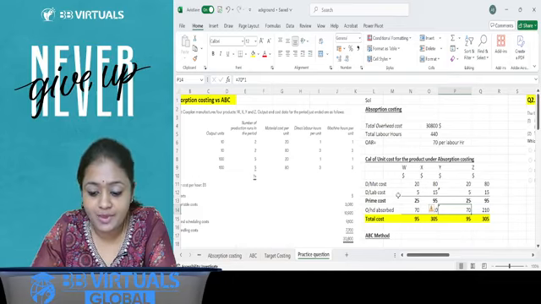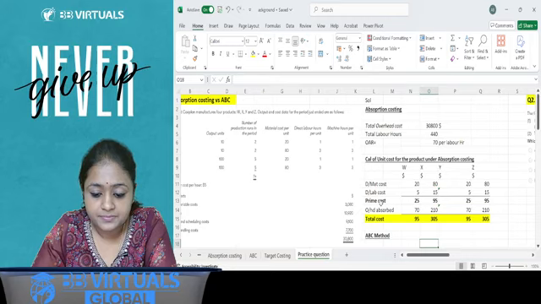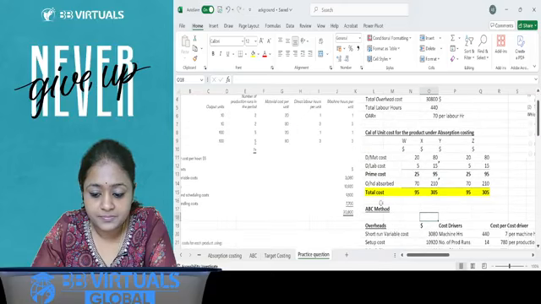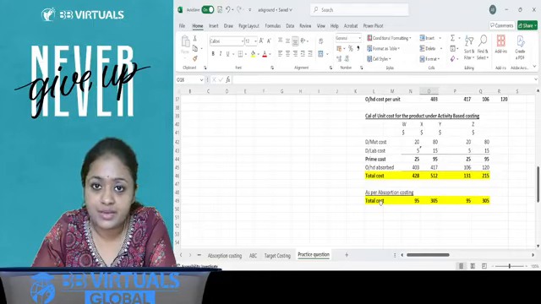Any questions anywhere you have, guys? This is your absorption costing sheet. Okay, and this is your activity based costing sheet. Any questions anywhere? So what do you find is more appropriate?